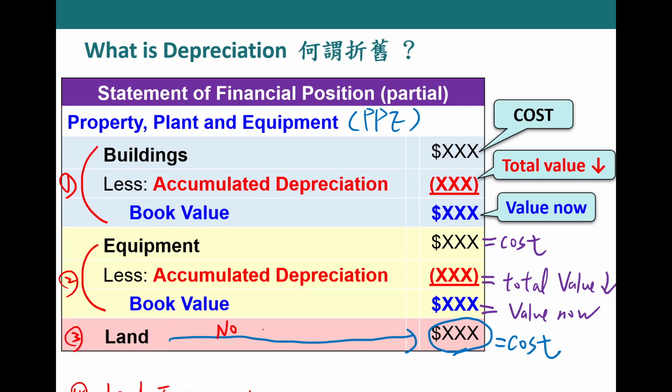So no depreciation. Okay? So our purpose is we want to know at the beginning how much, because you use it, value decrease how much, then right now value how much. Okay? So that's our purpose.